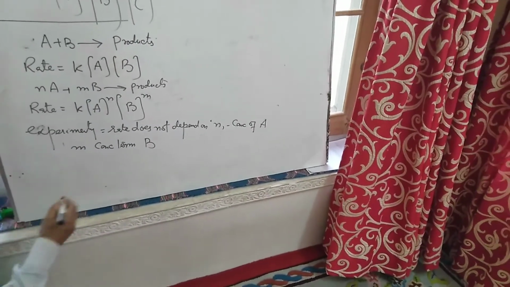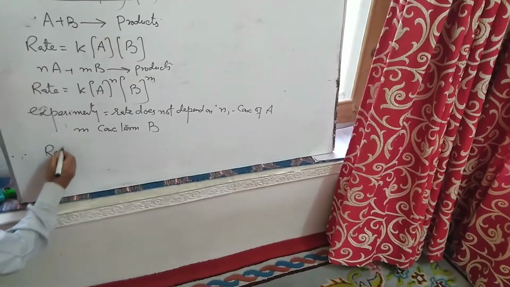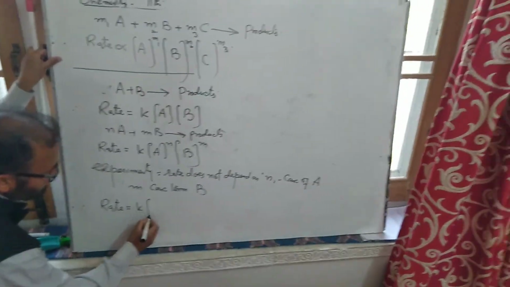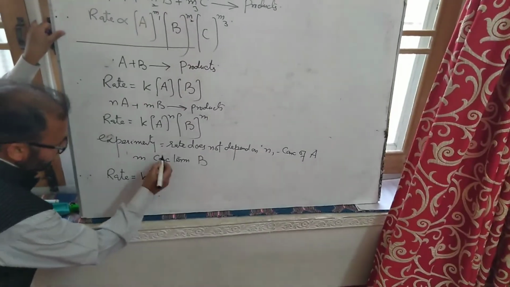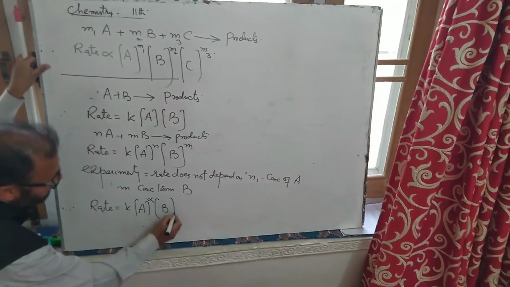So if I write it, rate is proportional to K, concentration of A raised to power, let it be alpha, concentration of B raised to power beta.